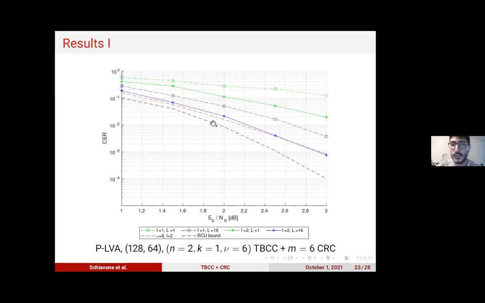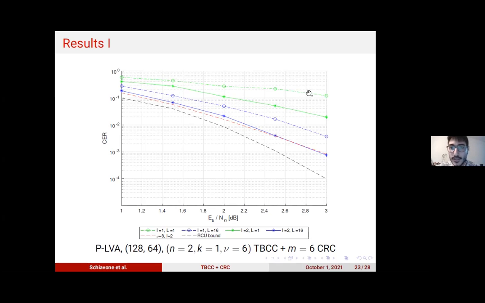Of course, online you can find my codes, in which you can try other cases, the cases you like. This case uses a tail-biting convolutional code of memory 6 with its distance spectrum optimum cyclic redundancy check code of degree 6.